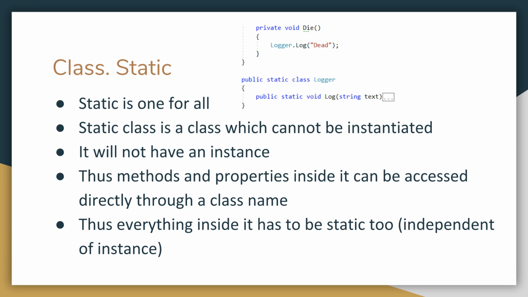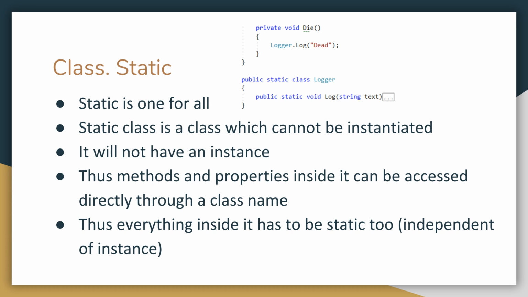To put static in a nutshell, it's basically one for all. And since it's one for all, you cannot create instances of it. It's a single method, a single property, a single field, a single class through the whole application, and it will stay alive through the entire runtime.